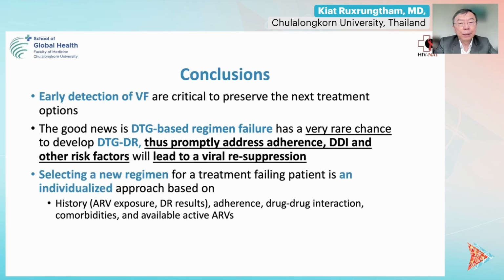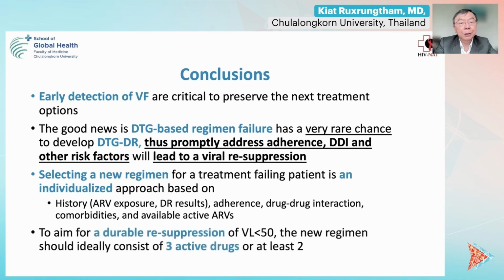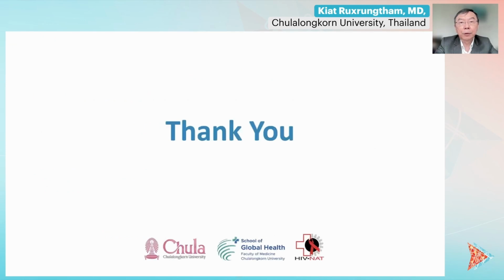Selecting a new regimen for treatment failure is also an individualized approach based on history taking and other factors I have mentioned. To aim for durable resuppression, the new regimen should ideally consist of 3 active drugs or at least 2 active drugs. Thank you very much for your kind attention.